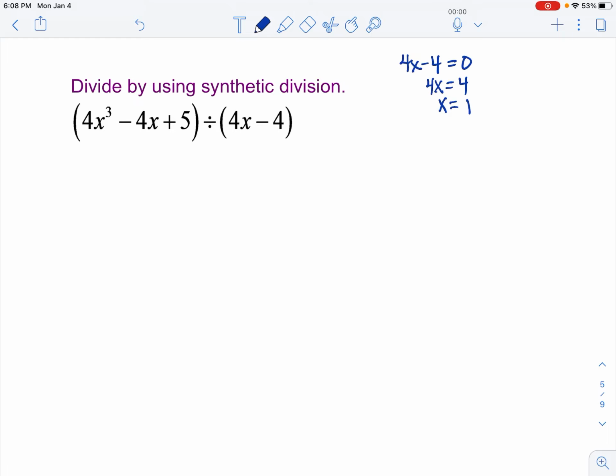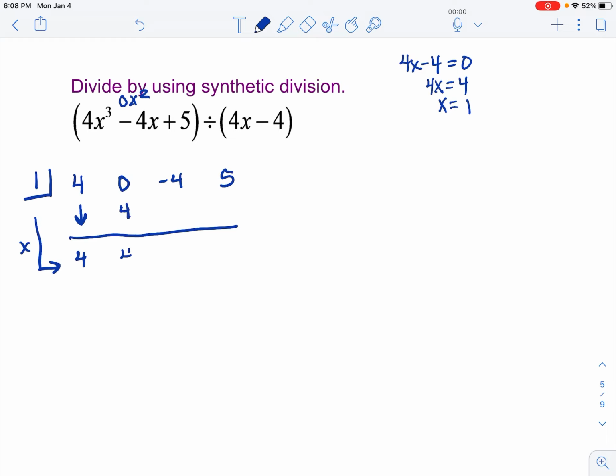So x equals 1, that goes in the box. My exponents are 3 and then 1, so I have to put in a placeholder. So I have a 4, a 0, a -4, and a 5. Leave some space. I bring down that 4 and we multiply. That leaves me with another 4 and we multiply.